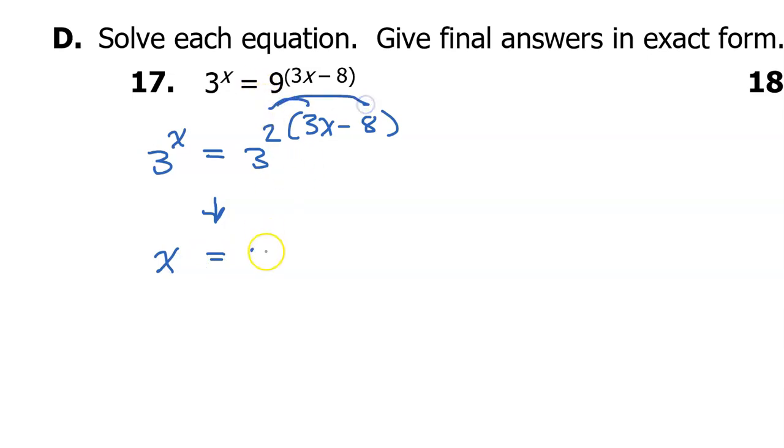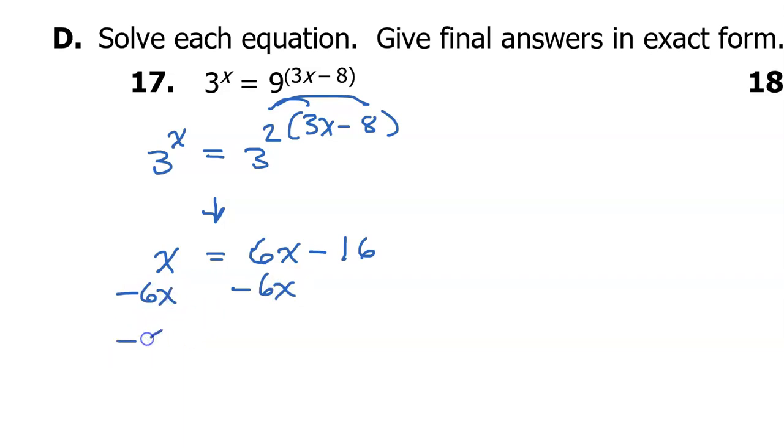So we take this logic step that tells us that x must equal, and I'm going to go ahead and do the distributive property here. So I'm going to say x is equal to 6x minus 16. Students get confused sometimes when the 0 shows up, so I will instead subtract 6x from both sides.